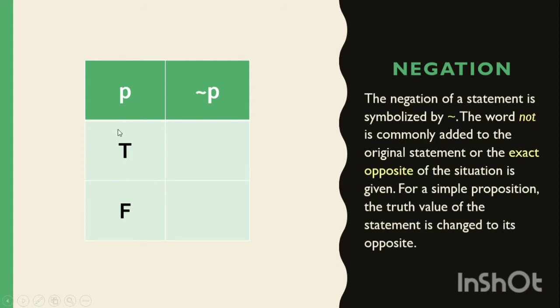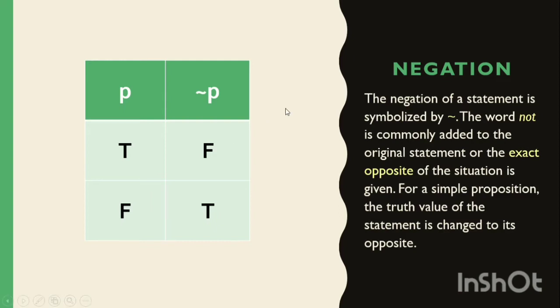If P is true, not P, so you read this as "not P", will become false. So it's the opposite. If P is false, then the truth value of not P is the opposite of false, or that will be true. Is that clear?